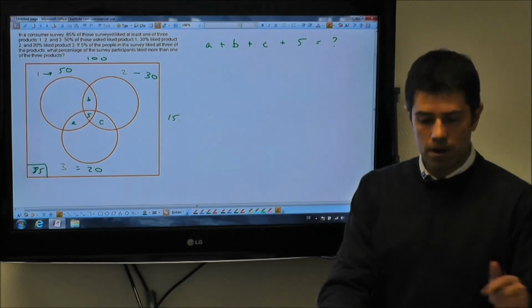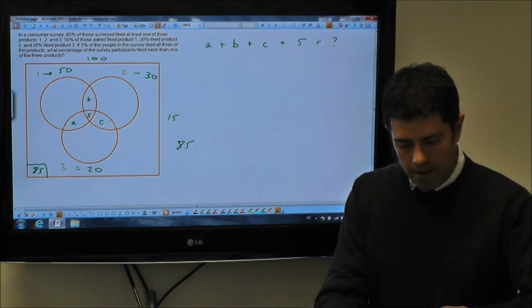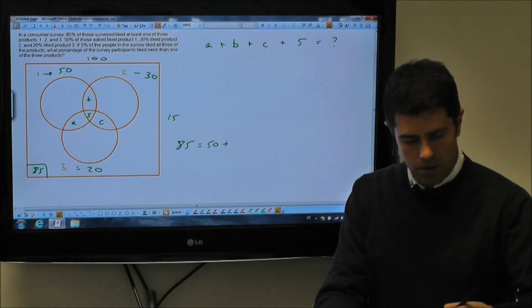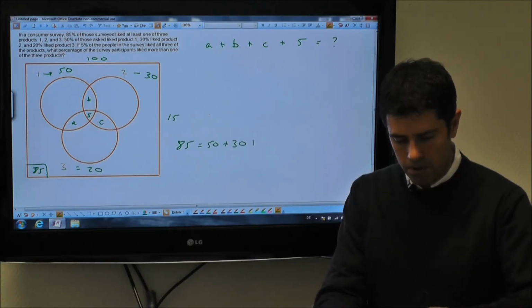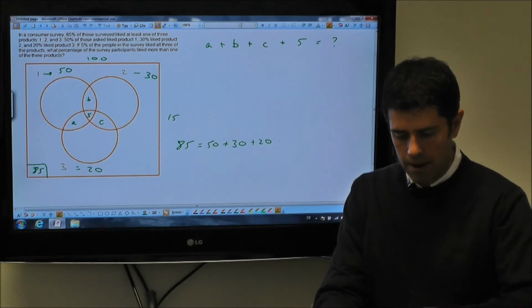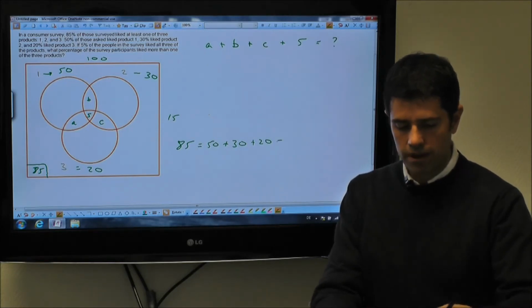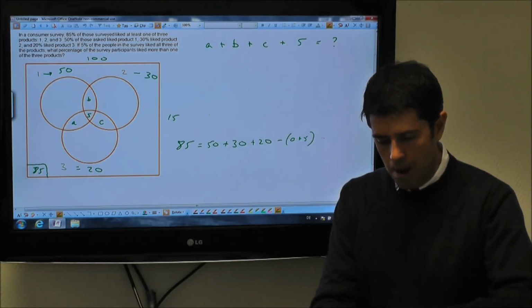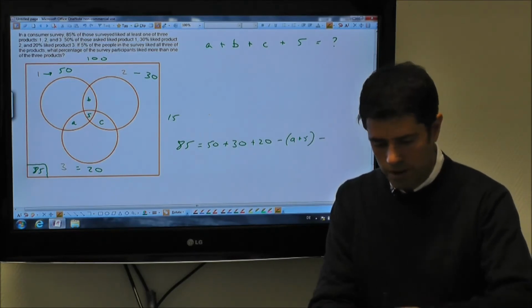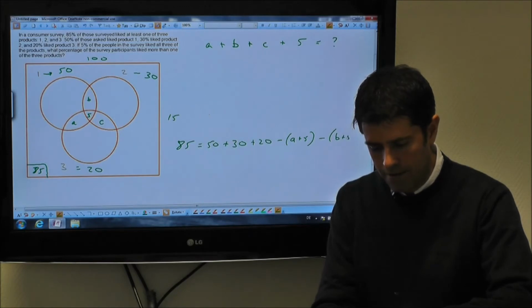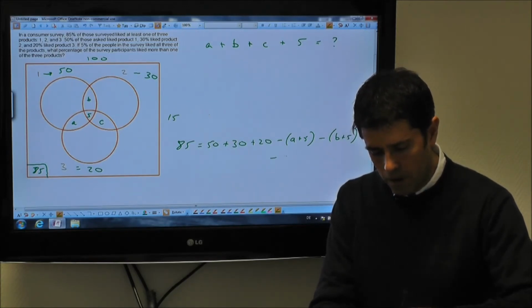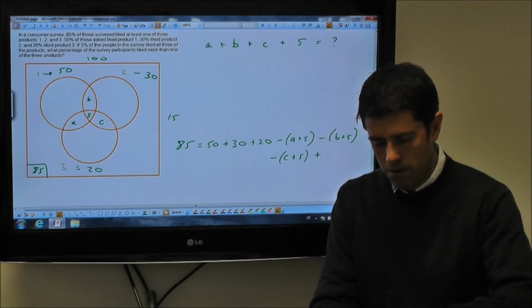Based on the formula, we would know that 85 is equal to circle 1, which is 50, plus circle 2, which is 30, plus circle 3, which is 20, minus the combination of two things, which is A plus 5, minus the combination of another two things, which is B plus 5, minus the combination of C plus 5, and then, of course, plus 5.